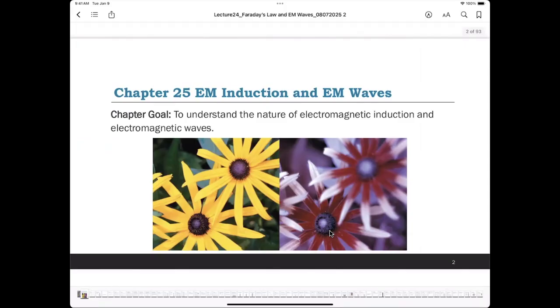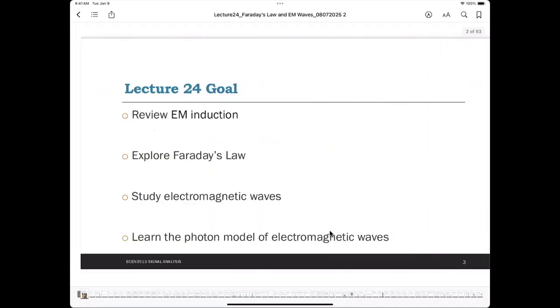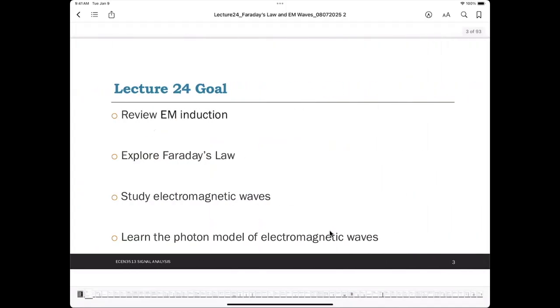After this chapter, you should understand the nature of electromagnetic induction and electromagnetic waves. I hope you have already learned those two things. We talk about a lot, but the content in chapter 25 is less than the content in chapter 24.